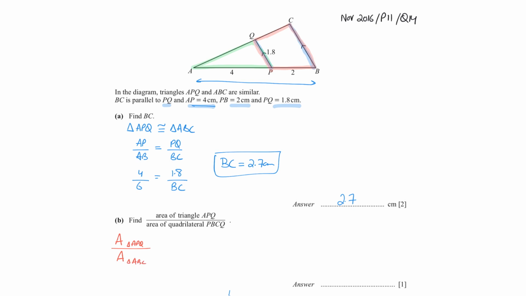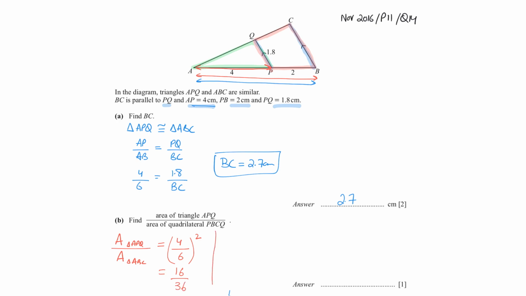Now triangles APQ and ABC are similar, therefore the ratio of the areas must be equal to the square of the ratio of their corresponding lengths. The corresponding lengths are AP and AB. So AP is 4, AB is 6, and the whole thing squared. In this way, you will get the ratio of their areas, which comes out to be 16 over 36.